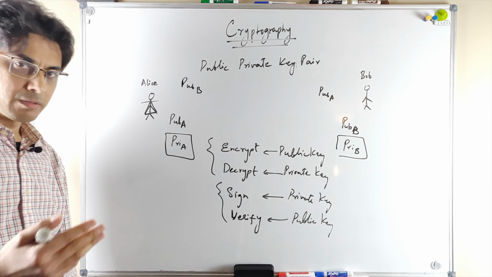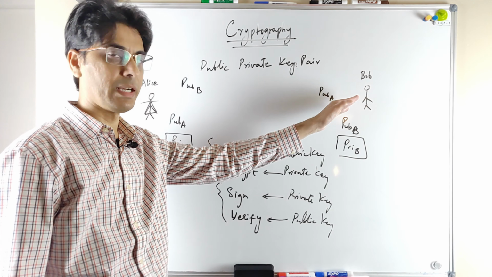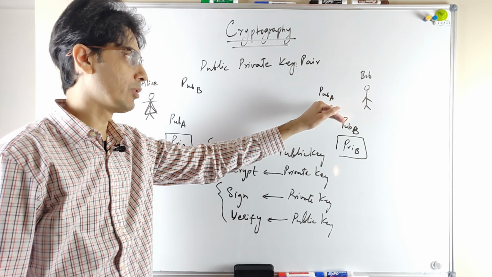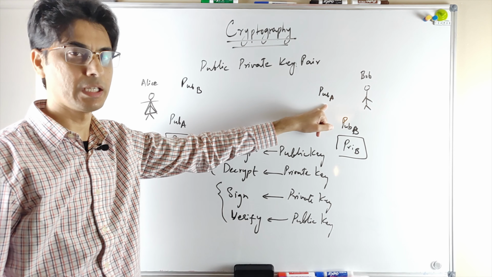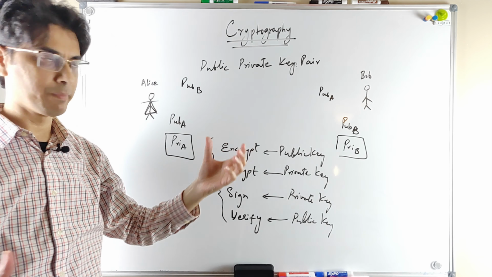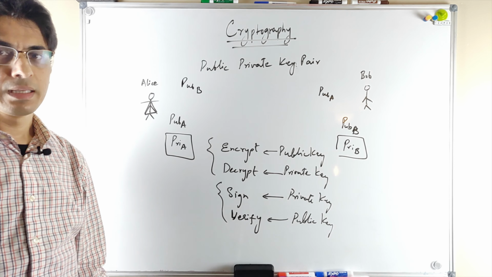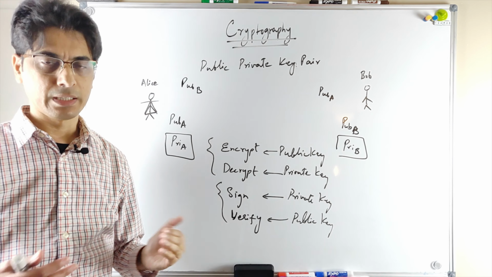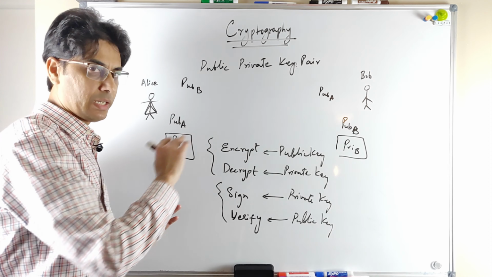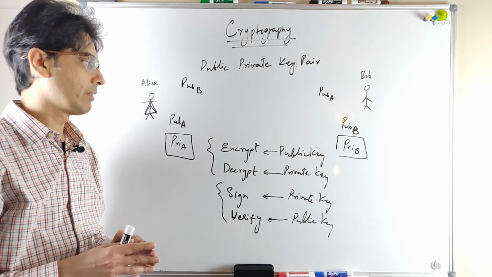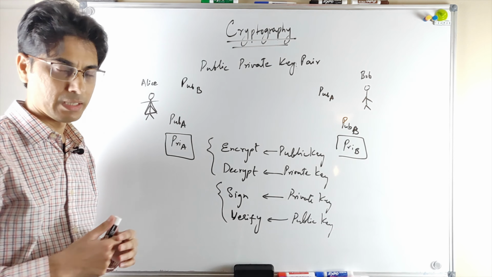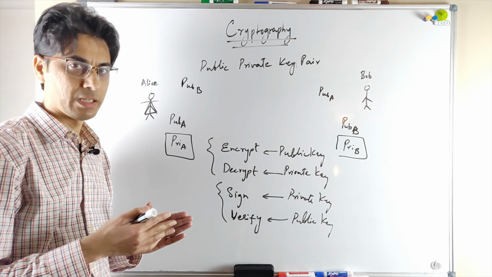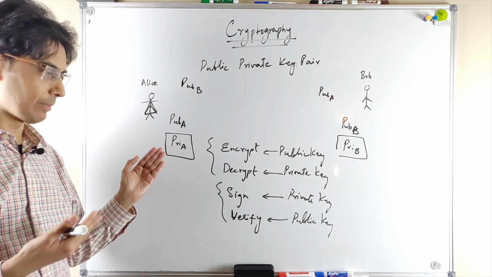Similarly, if Bob needs to send a message to Alice, Bob will use the public key of Alice to encrypt the message and send that encrypted message to Alice, and then Alice will use her private key to decrypt it. While they are communicating, if there is a hacker or a rat listening to those messages, he will not be able to decrypt them because he does not have the private keys.